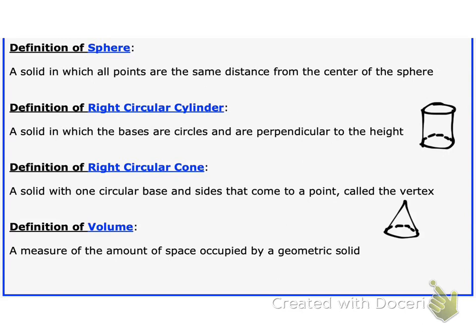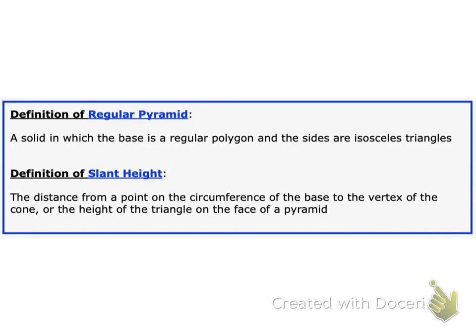Okay. Definition of regular pyramid: a solid in which the base is a regular polygon and the sides are isosceles triangles. Okay, so for our pyramid, hold on, I have to remember how I usually draw this.